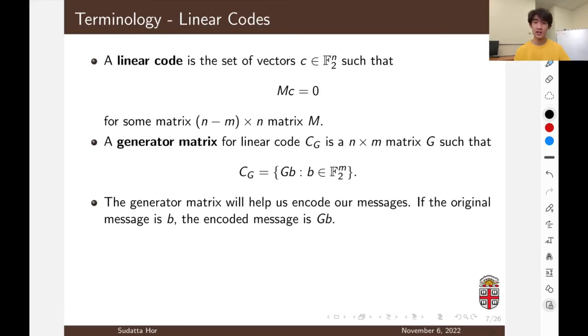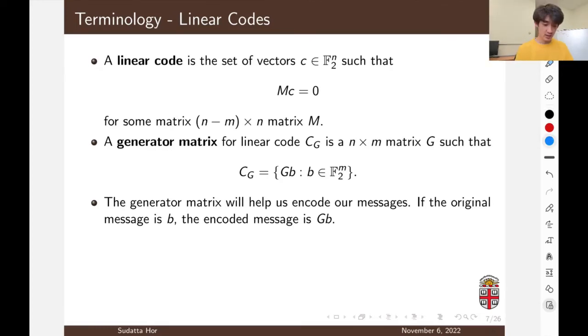Next, we define a linear code, which is one of our fundamental ingredients in constructing expander codes. This is a code whose code words satisfy MC equals 0, where M is some matrix of dimensions n minus m by n.